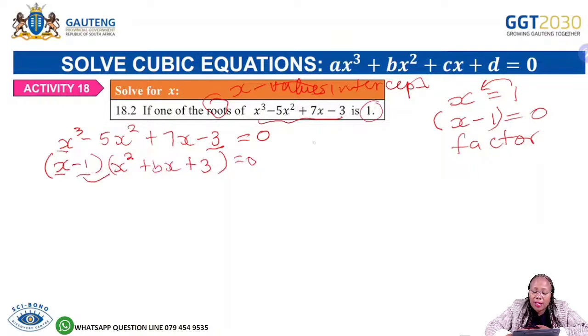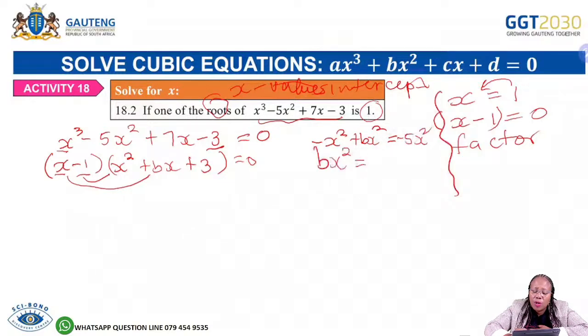Then we have minus x squared plus bx squared equal to the x squared term in your equation, minus 5x squared. So bx squared is equal to minus 5, and the minus 1 to this side will be plus 1x squared.